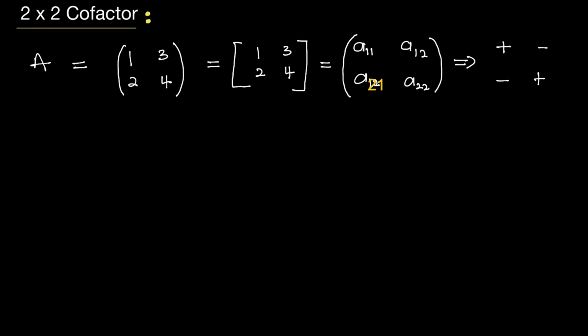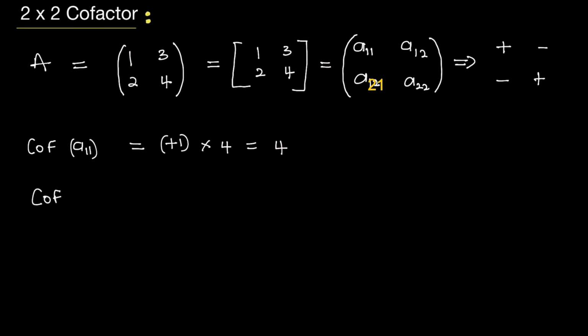To work out the cofactor of element A11, that will be equal to plus 1 times, draw a line here, because that's the element A11, and a line there, so that will be the minor matrix: plus 1 times 4, and that equals 4. So the cofactor of 1 is 4.